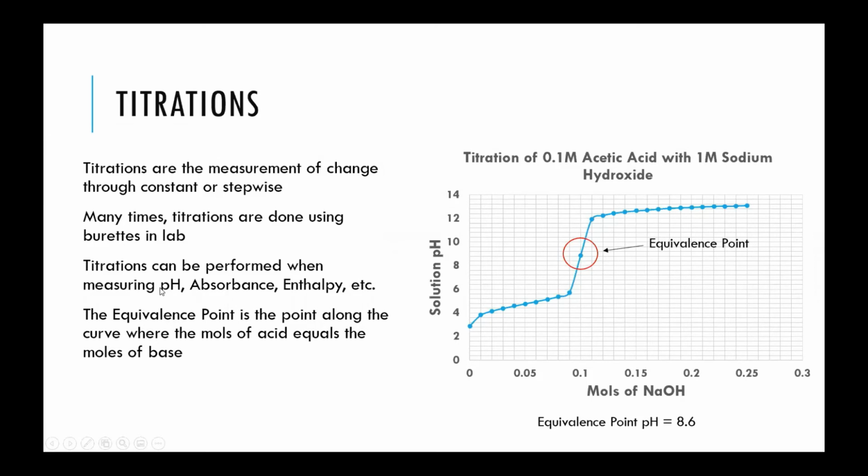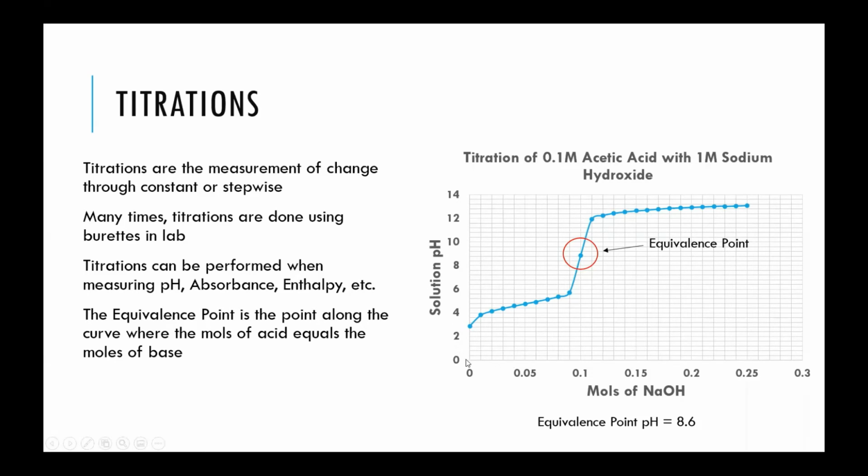And as you slowly and stepwise or continuously add a component that changes the measured property, you can develop what's seen as a titration curve. And these titration curves can give you some very important stoichiometric information.